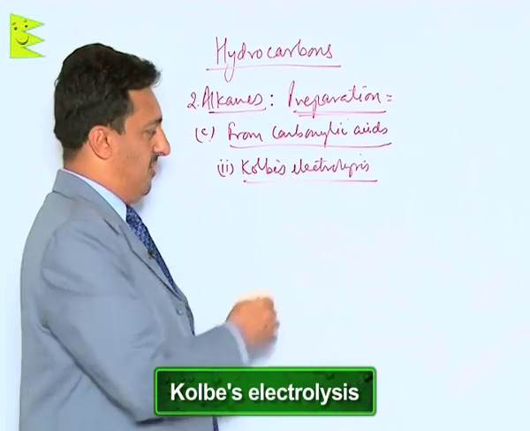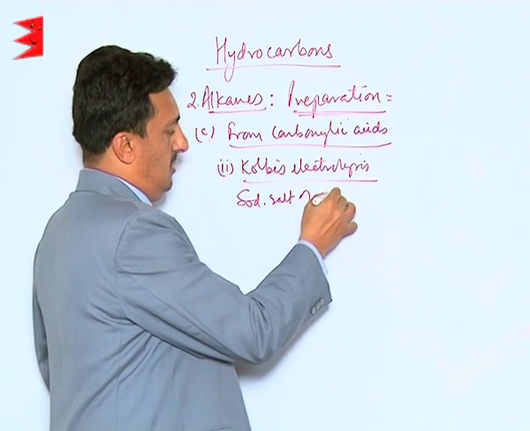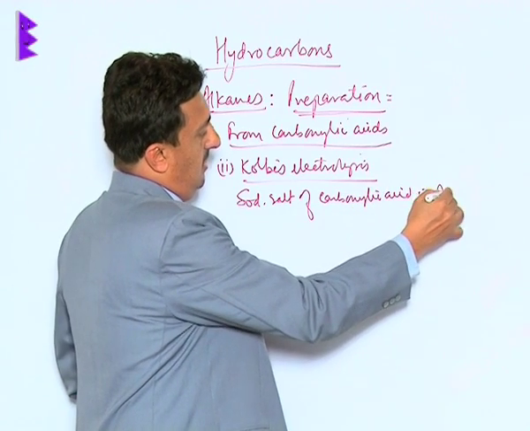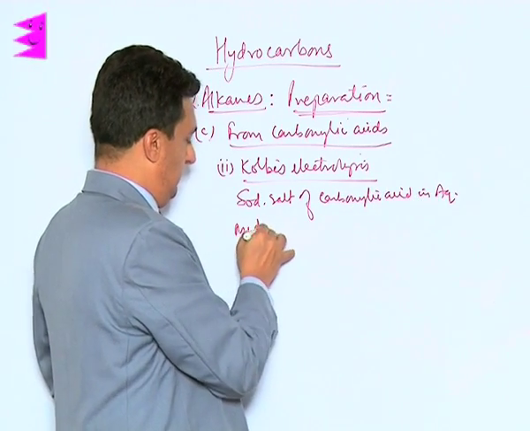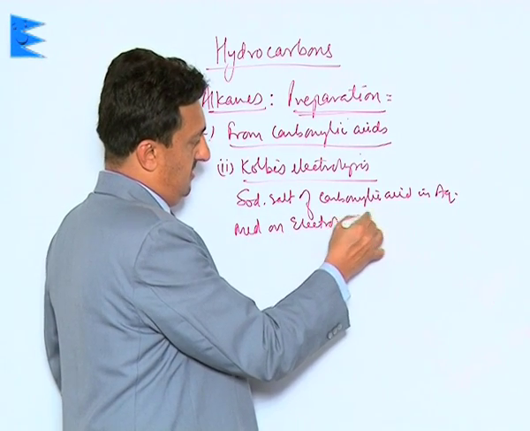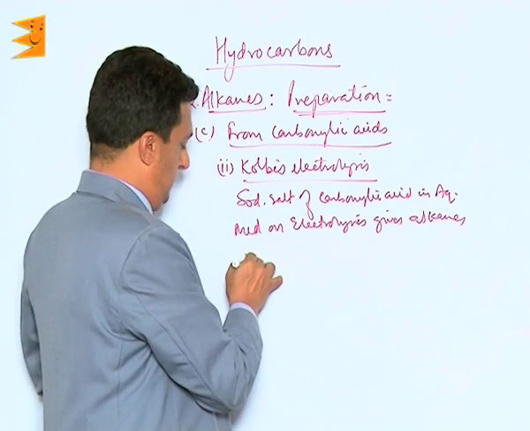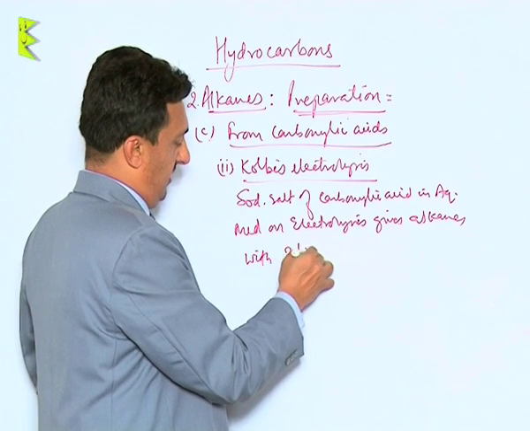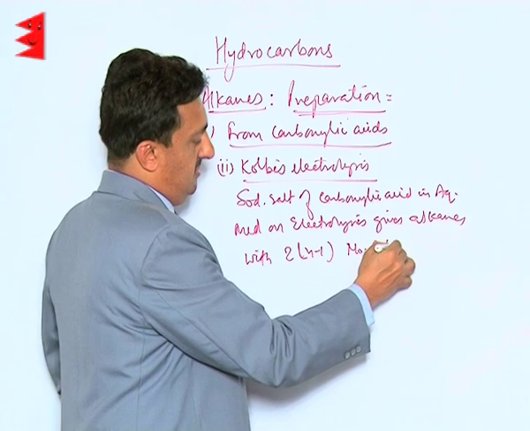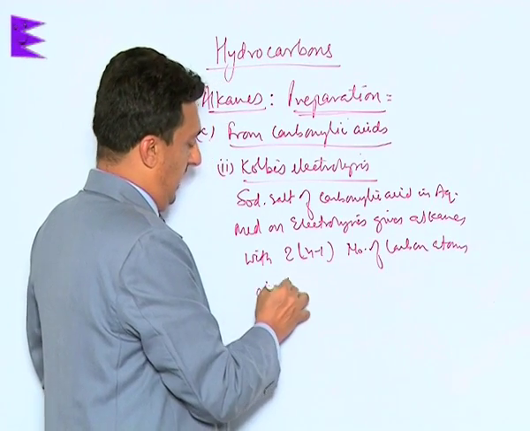In Kolbe's electrolysis, the sodium salt of carboxylic acids in aqueous medium, on electrolysis, gives alkanes with twice of n minus 1 number of carbon atoms at anode.